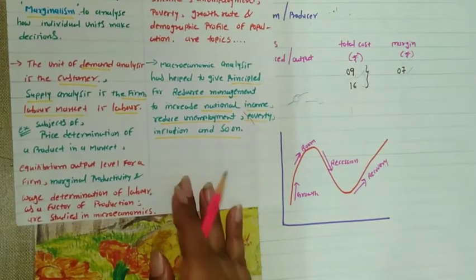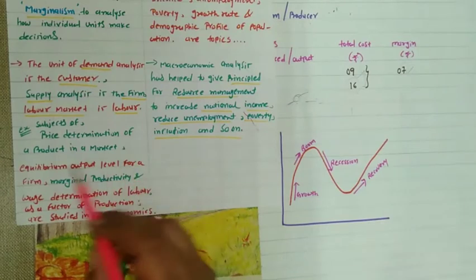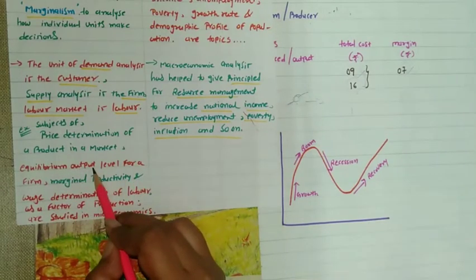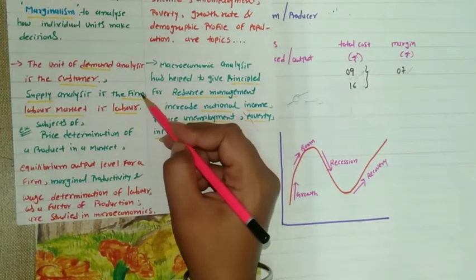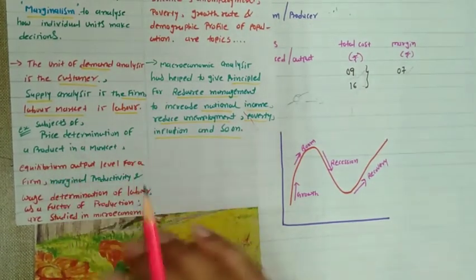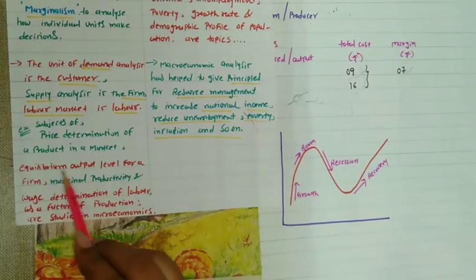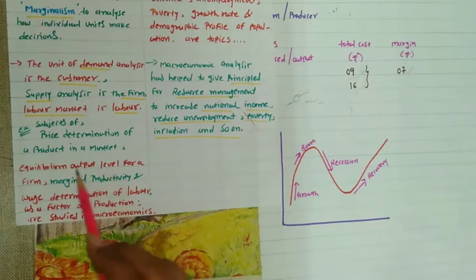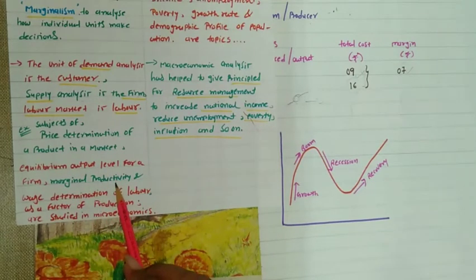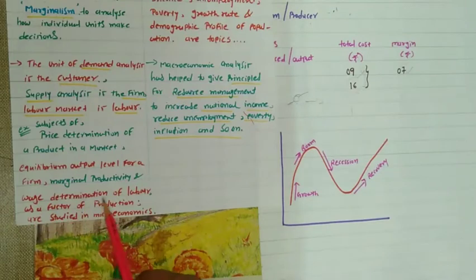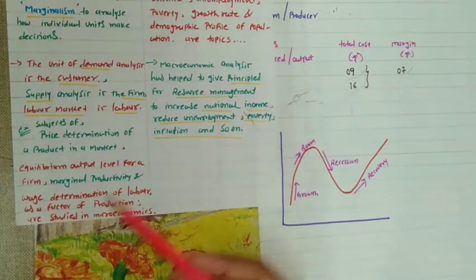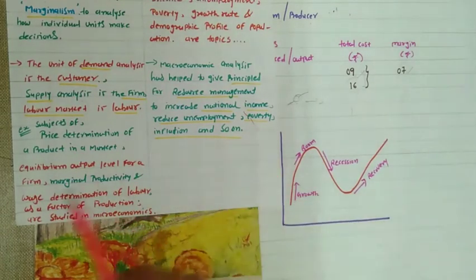Output means production, and the firm does production. Equilibrium means same, so equilibrium output level for a firm is the same production level. Marginal productivity and wage determination of labor: how much wages to be given to laborers as a factor of production. That is studied in microeconomics.